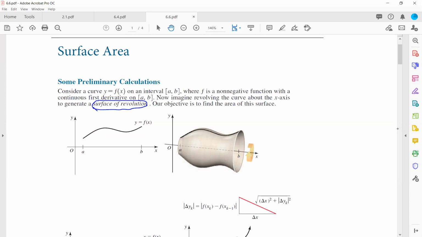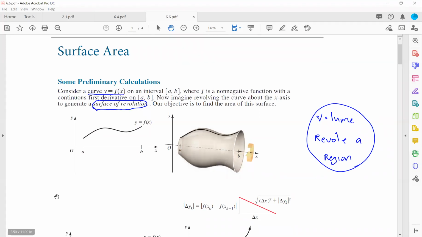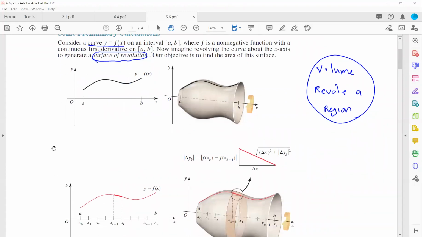Remember that for volume, we revolve a region. For surface area, we just take a curve and revolve the curve and define the surface area or surface of revolution.